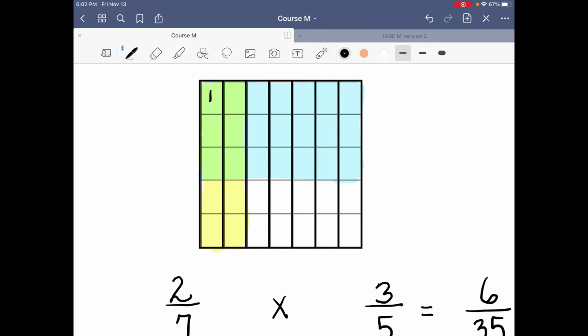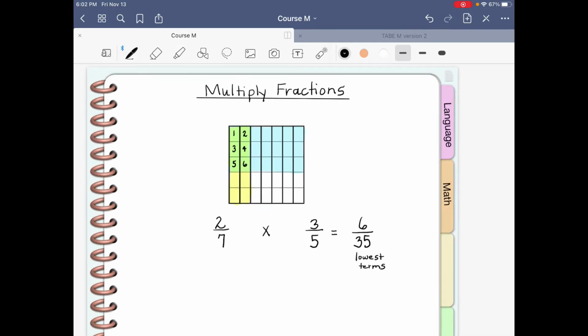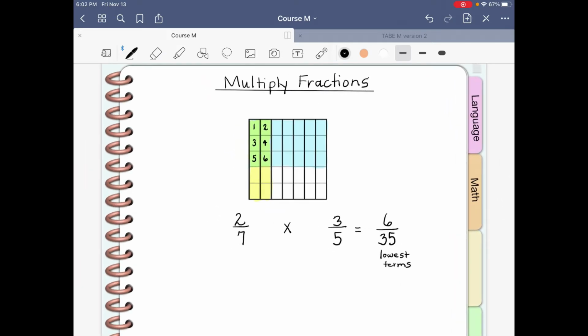Here is 1, 2, 3, 4, 5, 6 green ones out of that box of 35. So that is essentially what multiplying fractions is about. You take one box, a second box, you overlap them, and you're looking for the part that they share, the green part in this case.